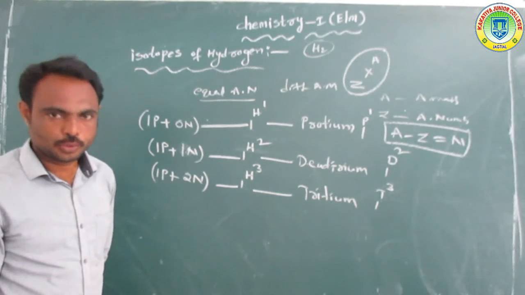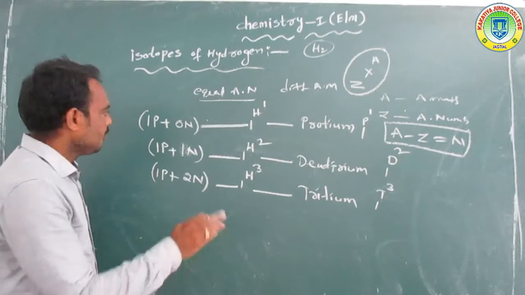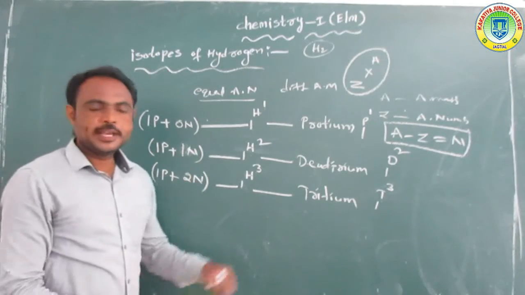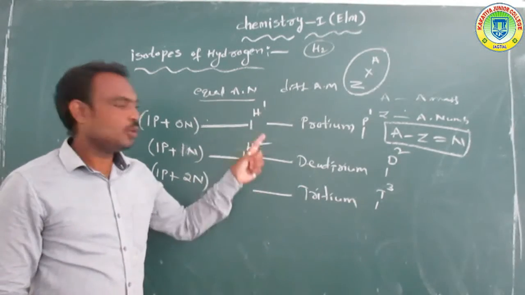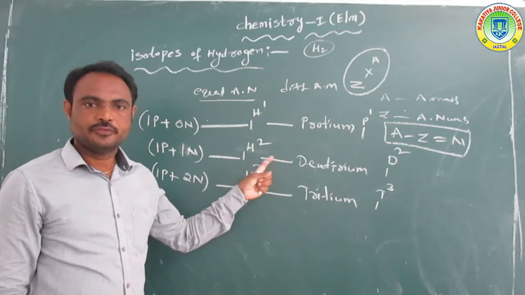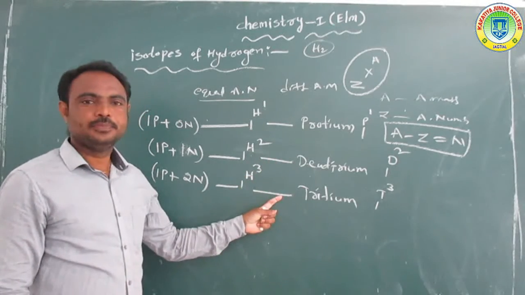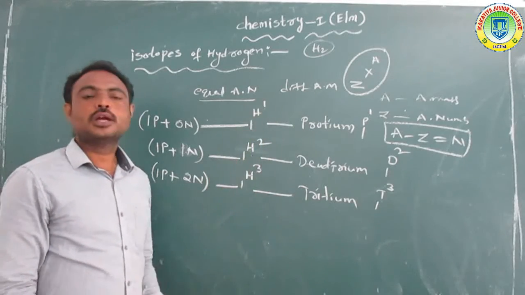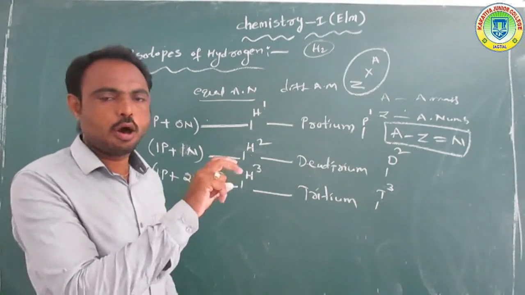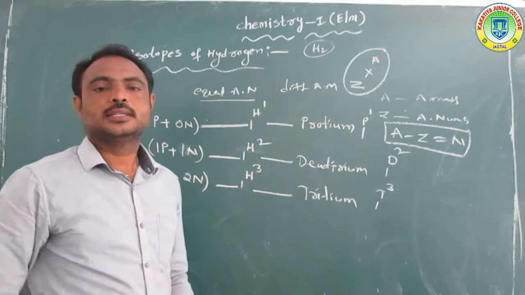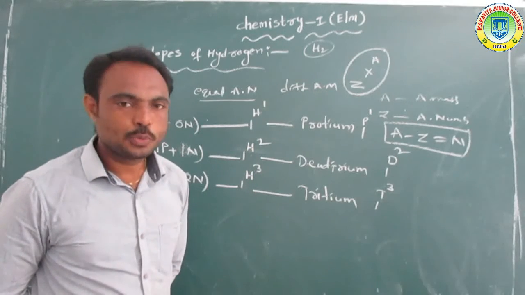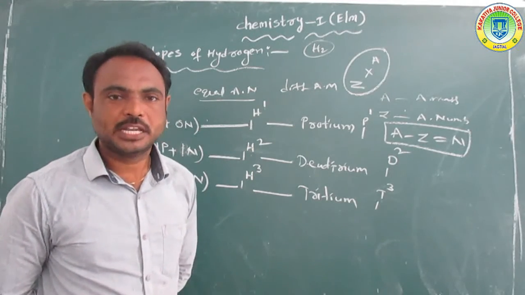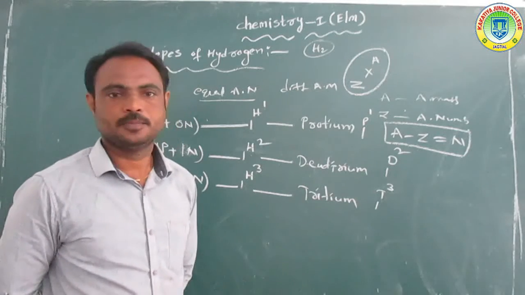Overall, protium has 0, deuterium 1, and tritium 2 neutrons. But all isotopes contain equal protons but different neutrons.